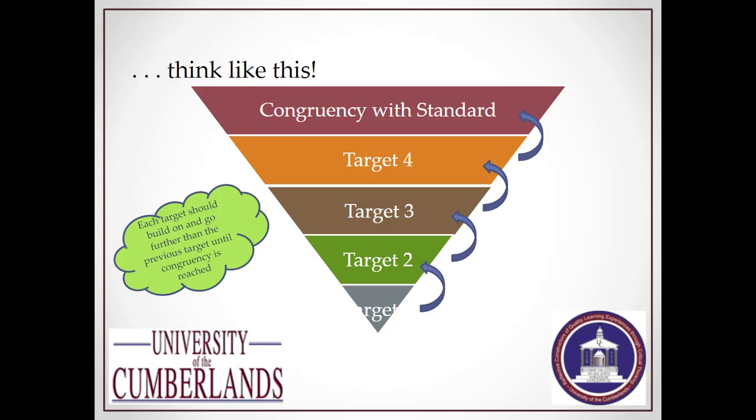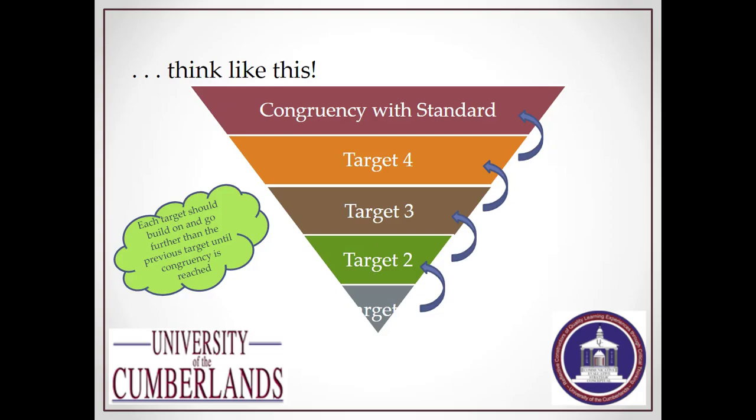If I've got students that are completely bombing the assessments, I need to be thinking about what I need to be doing to reteach before I move on to that next target. Because the idea of congruency is that if we're building in complexity, they have to master the things that come before, or at least have good familiarity with them, before I can move on to the next target. So I have to think about that until congruency is reached.